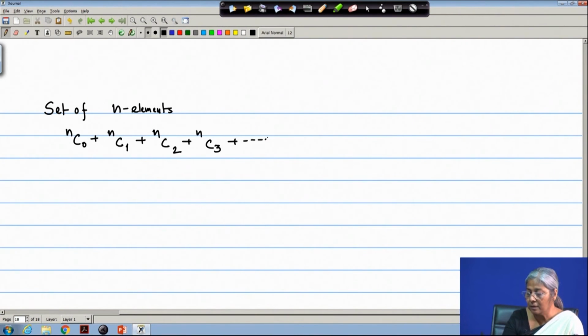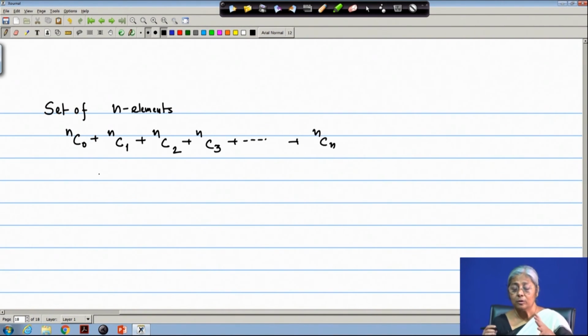In that way I can choose up to n elements. That means this sum tells about the total count that we can choose the elements from an n element set. I can choose 1, I can choose 2 at a time or 3, and this will be 2 to the power n.